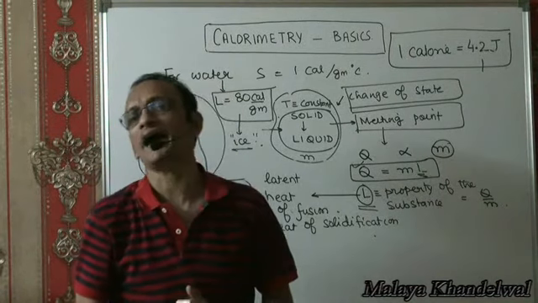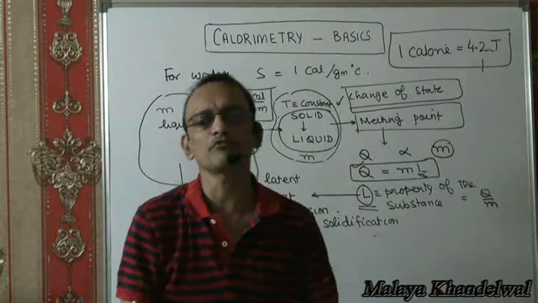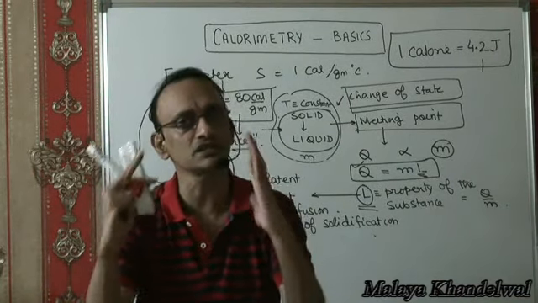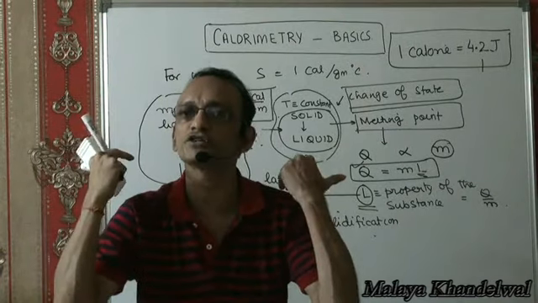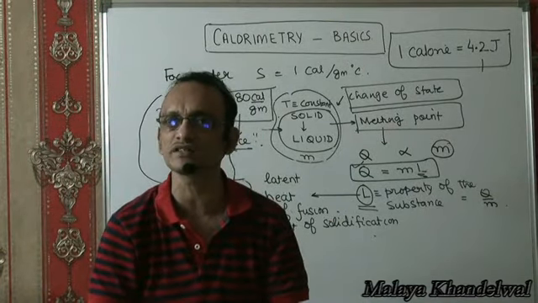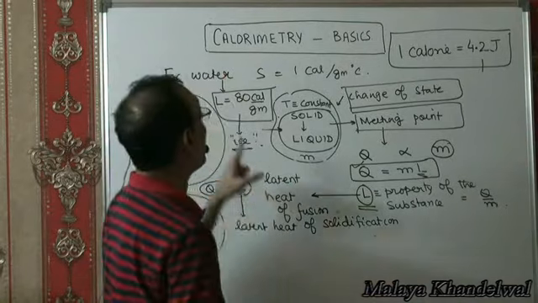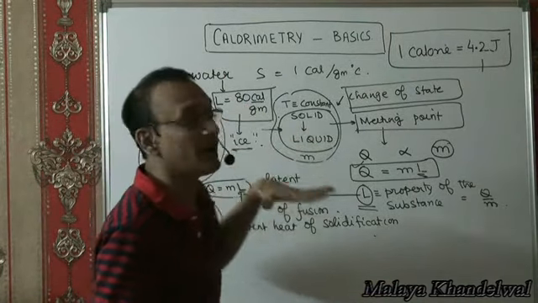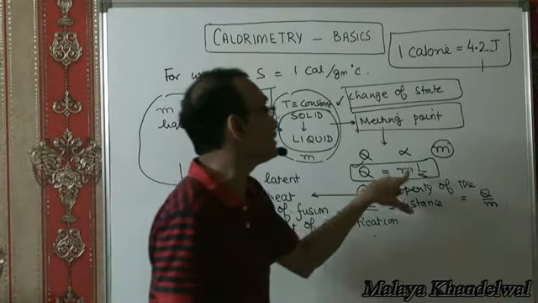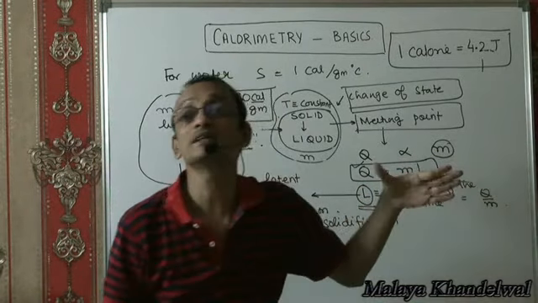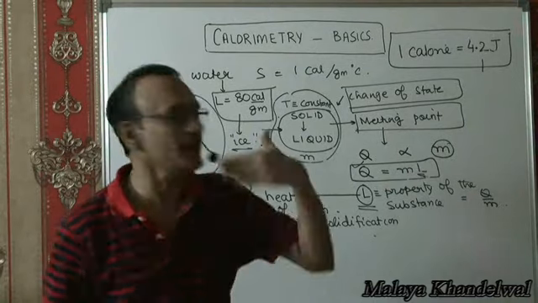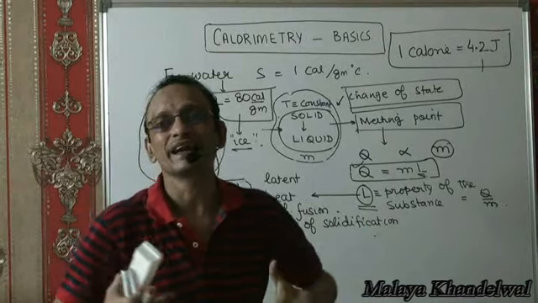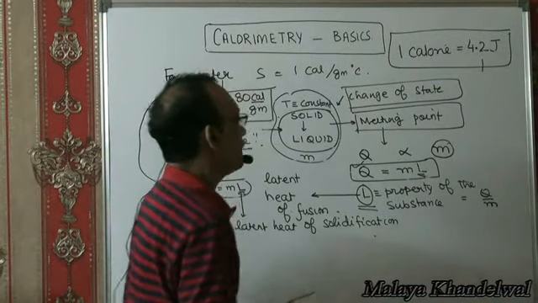That means if I have 1 gram of ice at 0 degrees centigrade, to convert it into 1 gram of water at 0 degrees centigrade, how much heat would be required? This amount of heat, 80 calories. And if I have 10 grams of ice, then the amount of heat required would be 10 into 80, which means 800 calories of heat. So this is called latent heat.